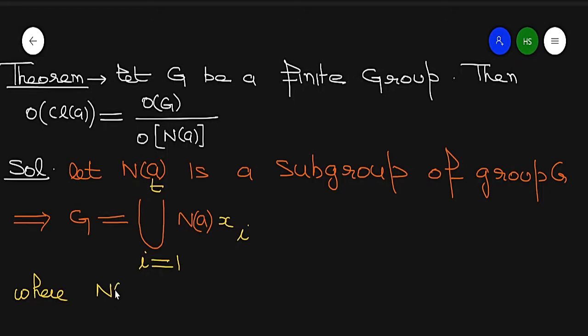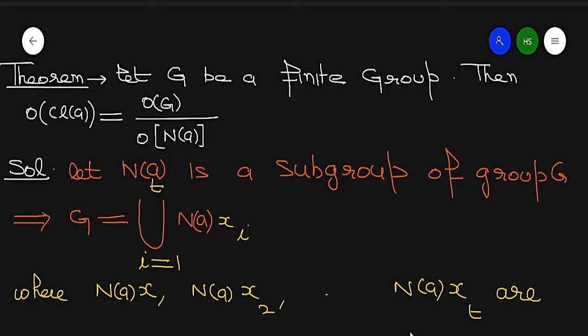Where these are N(A)x1, N(A)x2, and so on, N(A)xt.